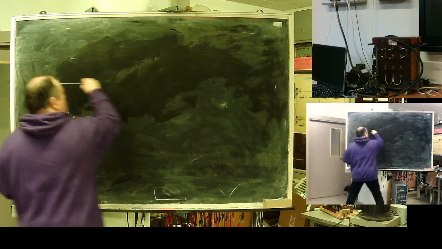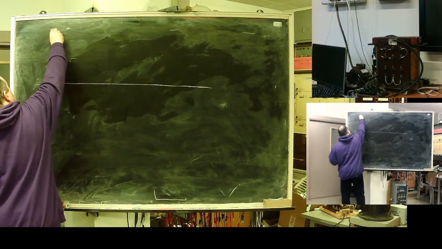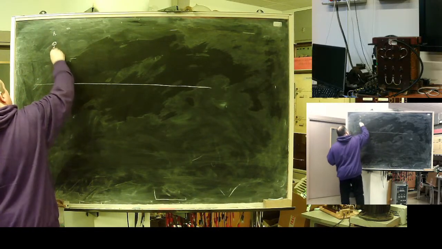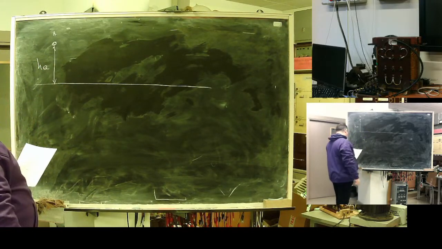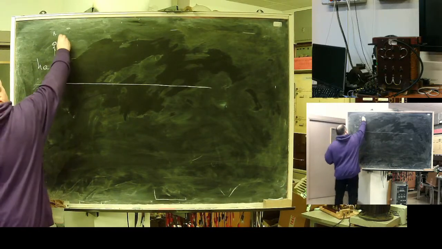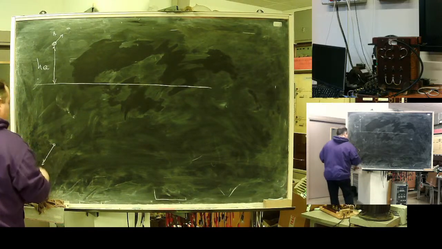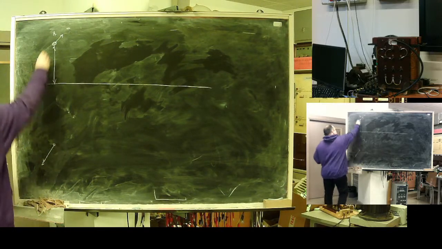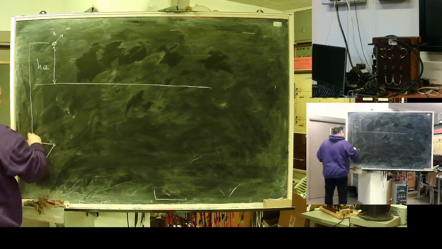So, you have ground. Above ground, it's an A line. We have a wire at height HA. Let's say current goes this way. The return wire is in ground.